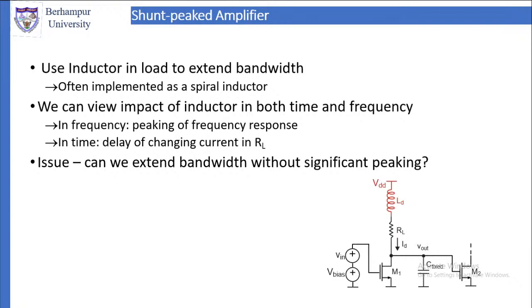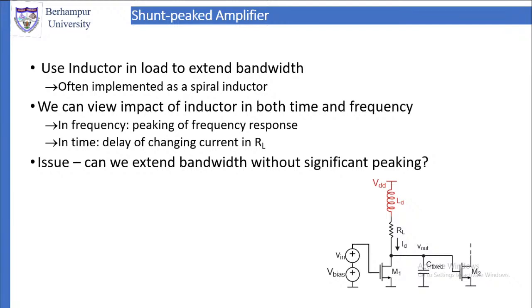Now we can view the impact of the inductor in both time and frequency. In frequency, the effect of the inductor is peaking the frequency response. So the frequency response will peak at a particular frequency. Before that it will be lower. After that it will be lower.